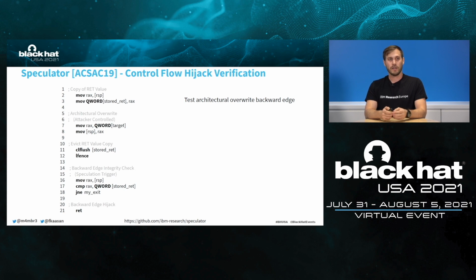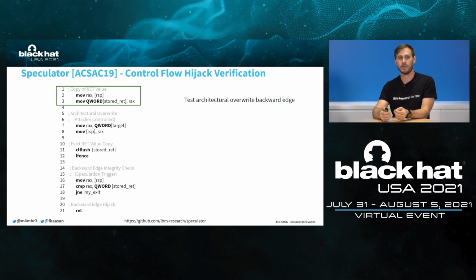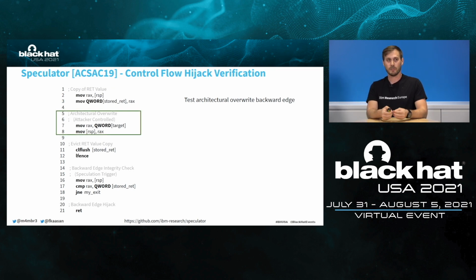And this test works as follows. We first make a copy of the return value that we have on the stack, and we save it in a different memory location. Then we perform the architectural override. We basically simulate a buffer overflow, and we point the new return address towards a target location of our choosing.